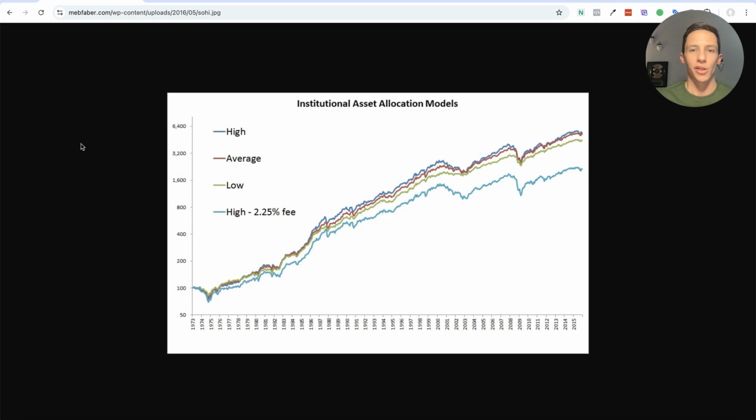You can implement a 3-fund portfolio for less than 10 basis points. But the big thing, though, is just don't spend so much time obsessing about it while overlooking fees, too. Figure out how you can get a low-cost fee for what would be your static buy and hold asset allocation. Figure out how you can get that at the lowest cost, because ultimately your asset allocation really doesn't matter that much, as you can see here.